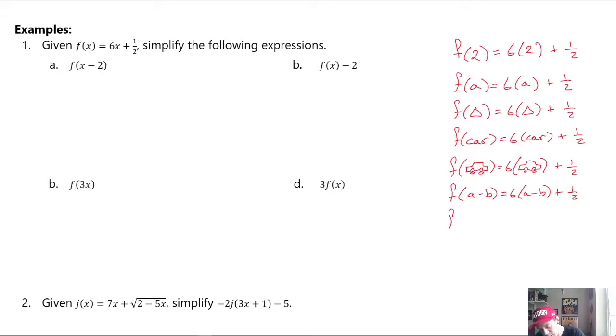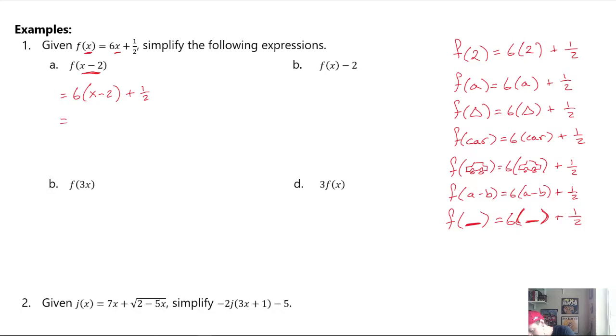Those parentheses are where we plug stuff in, and anytime we see an x in the original expression, that's where we plug that same thing in. So for f of x minus 2, I'm going to take the x minus 2 and plug it in where we saw the x before. I'm not putting the minus 2 at the end, I'm putting it in where the x was.